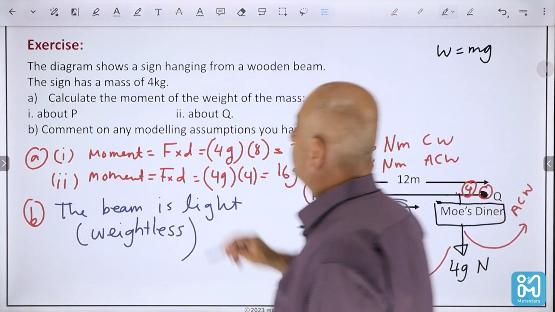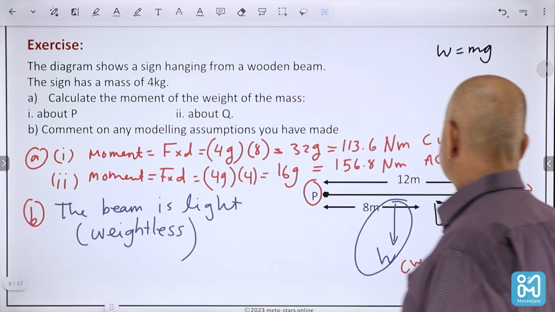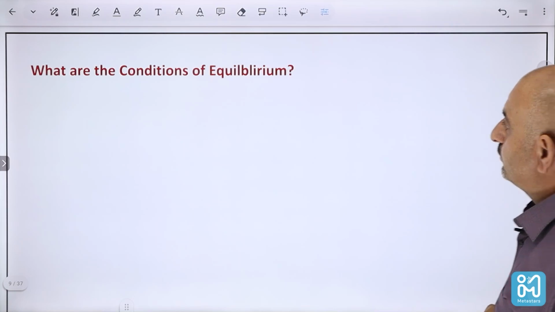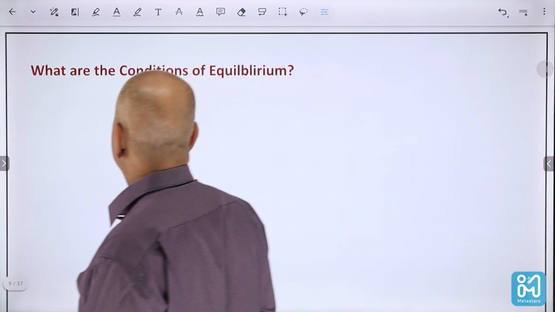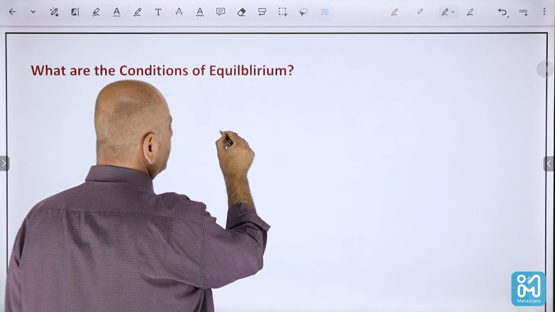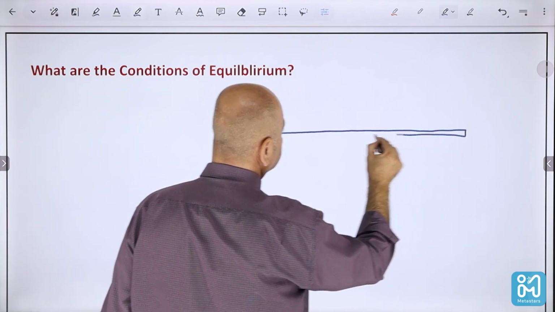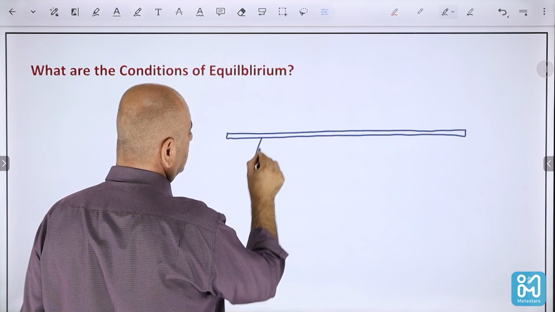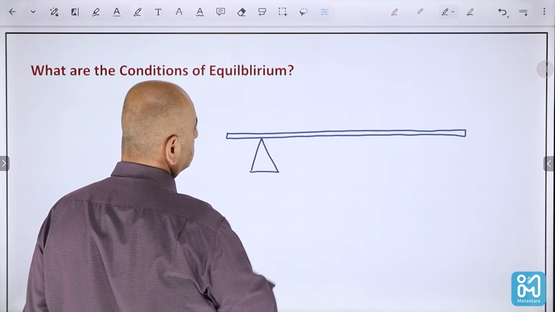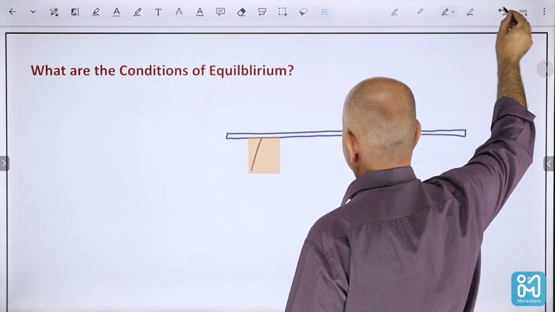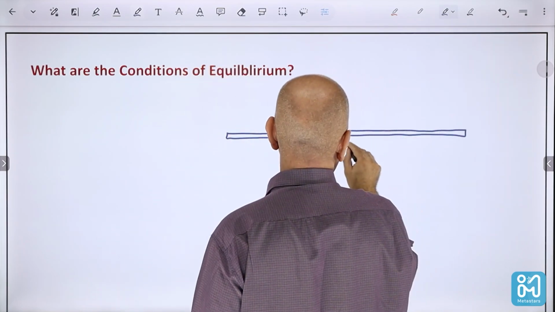What do we got next? What are the conditions of equilibrium? Well, let me talk to you about the conditions of equilibrium. Let's say that we have a rod supported by 1 support.